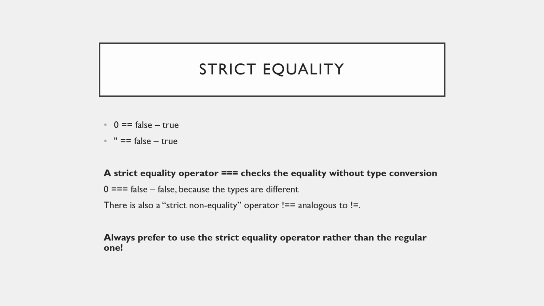The strict equality operator is a bit longer to write, but makes it obvious what's going on and leaves less room for errors, and you should always use it. Actually, there are very rare cases when you should rather use the regular equality operator, so just stick to strict.